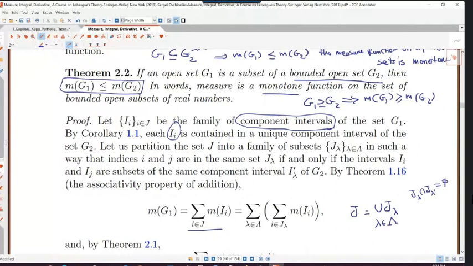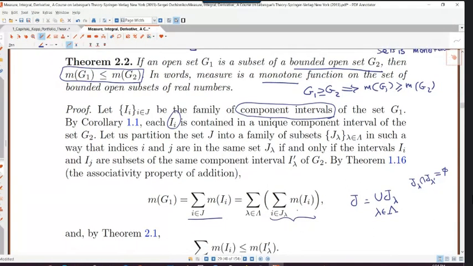Now, the summation of M of I_i, because of theorem 1.16, is equal to the summation of M of I_i over the subfamily J_lambda, and we can sum it over capital Lambda.